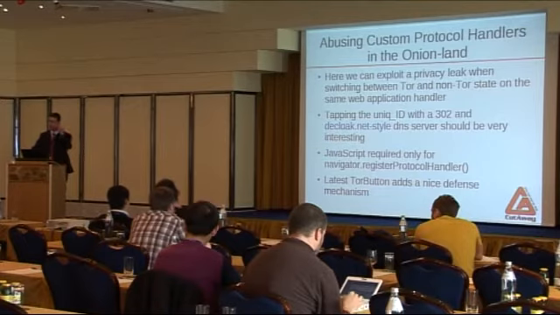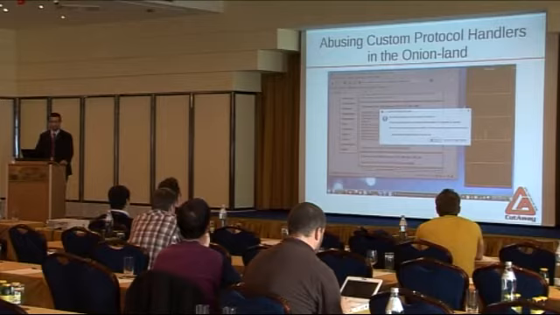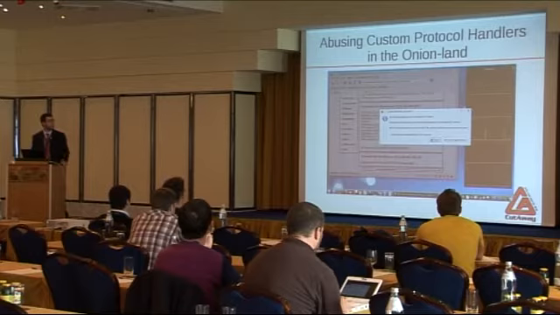There will be a warning on top of your Firefox which says, hey, do you want to use this custom protocol handler? Yes, no. And the latest version of TOR button adds a nice defense mechanism, which is this. I was browsing to the slackware.com site. I click with TOR on the install DVD #1 ISO, the torrent file, and this message pops up, which is asking me if I really want to load the external application to handle this kind of MIME type.